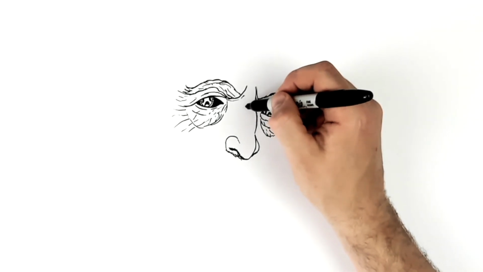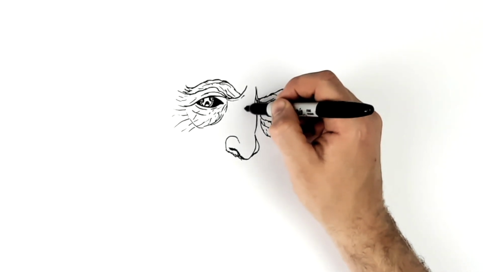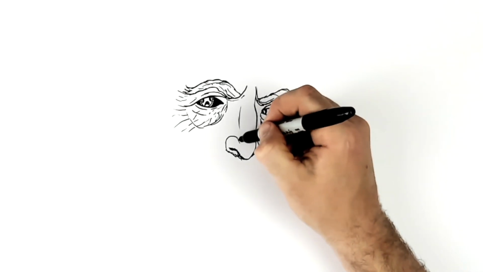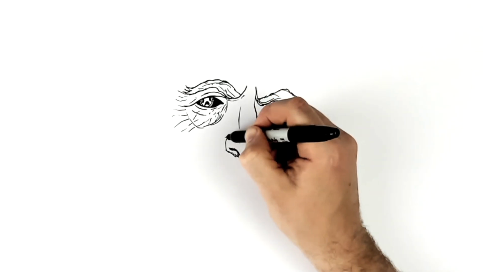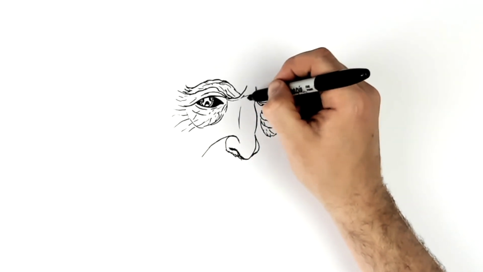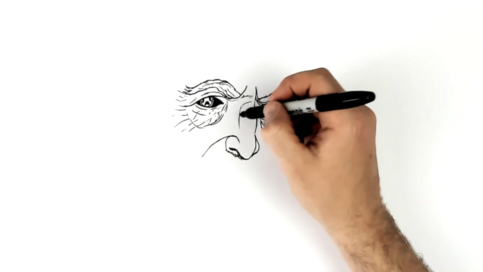Right, if you want, maybe the other side of his nose. The bridge on this side. Like a line coming down for his cheek. Just there. Like some more wrinkles coming across the nose.